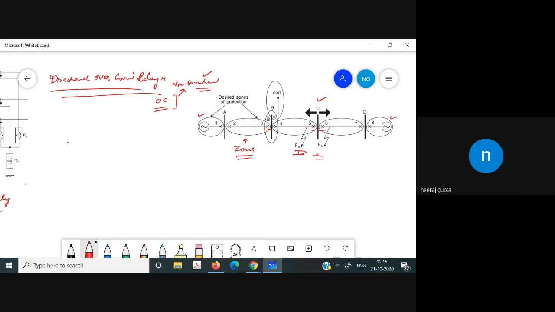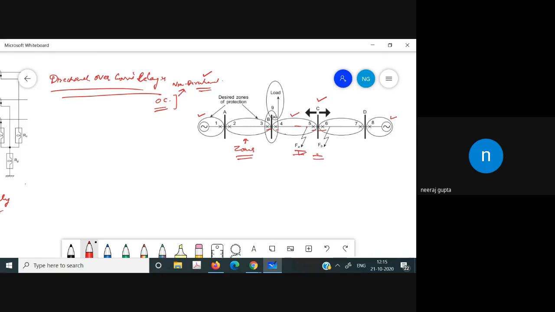The overcurrent relay should operate only within the desired zone. It is desired that for a fault in this line, 4 and 5 will operate. However, for the non-directional overcurrent relay, 3 and 6 will also operate, which is not desired, and as a result the desired zones are not generated.